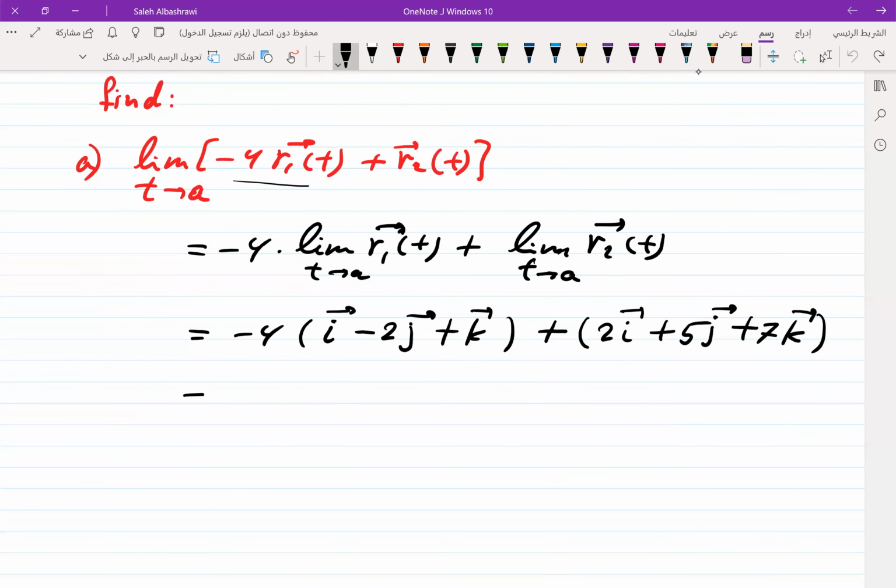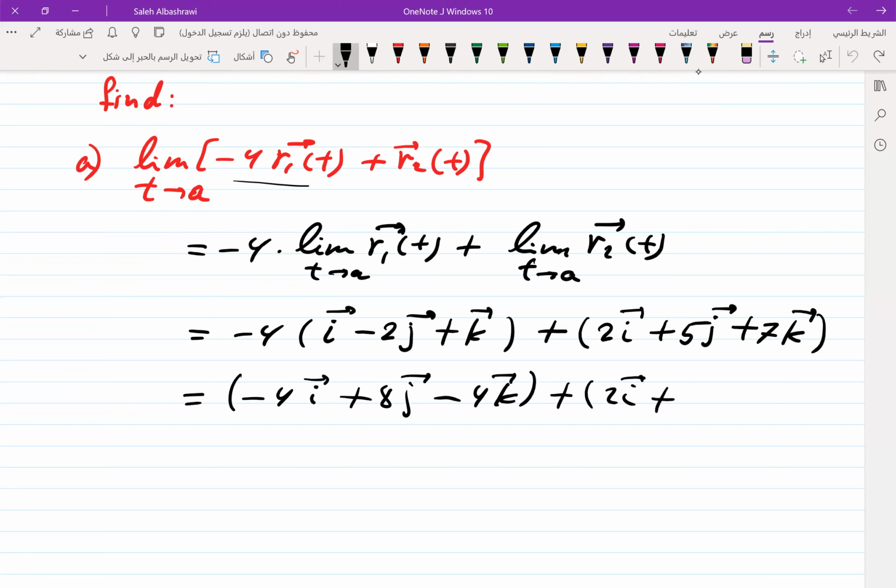So this is equal to minus 4i plus 8j minus 4k, plus 2i plus 5j plus 7k. Then we add the components of these vectors.